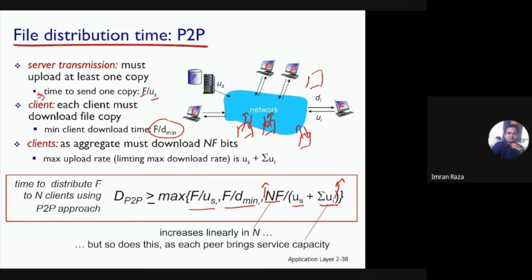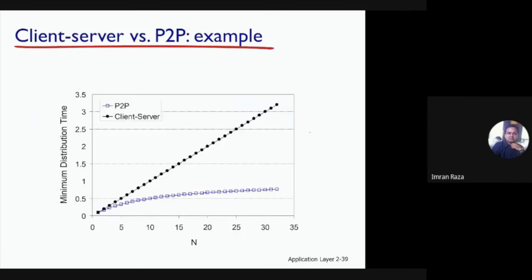So this is how, if I add more devices, the system self-scales in a peer-to-peer arrangement. Why? Because all the peers are participating in this sending and receiving process. Clear? Let's try to understand this with the help of this example chart. On the x-axis we have the number of nodes, 5, 10, 15, and so on.